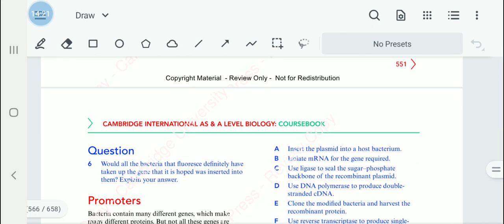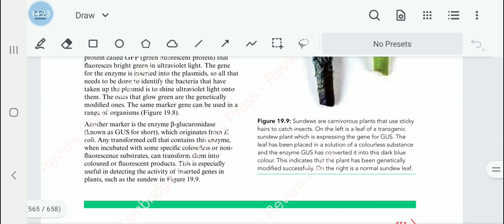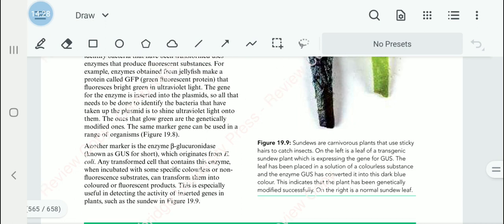This is useful in identifying the activity of inserted genes in plants.